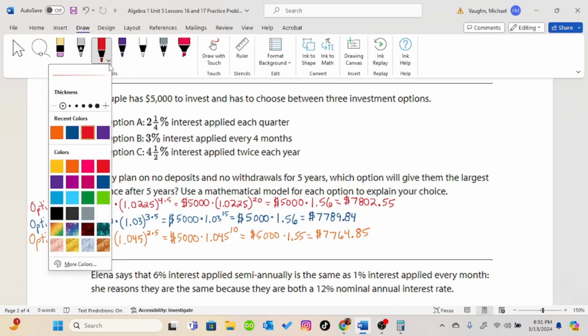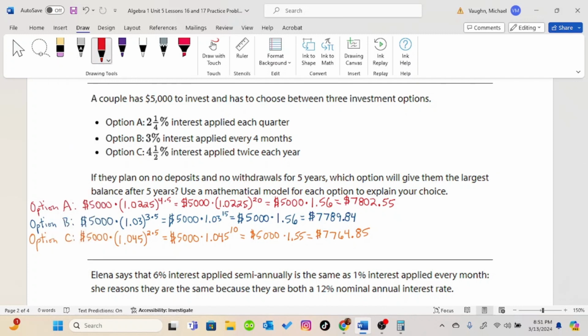That would be option A because it's $7,802.55. The more often that the interest is compounded, the larger it becomes.